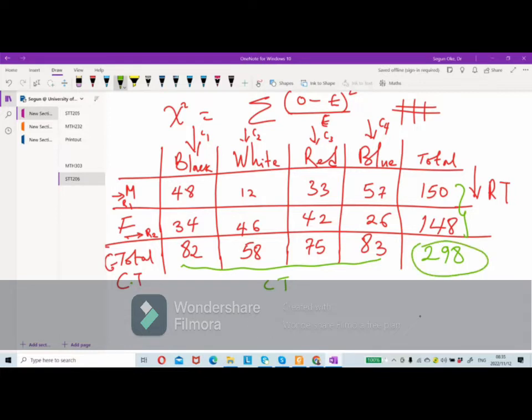If you don't have the same thing, it simply means there is an error. We call this one that I circled the grand total, that is GT.